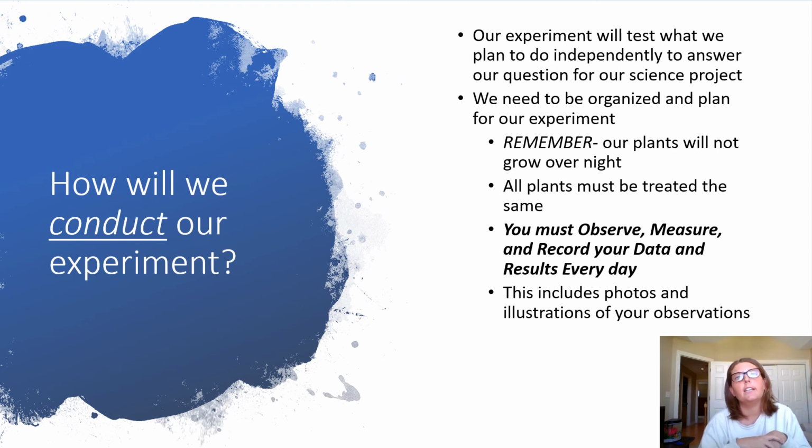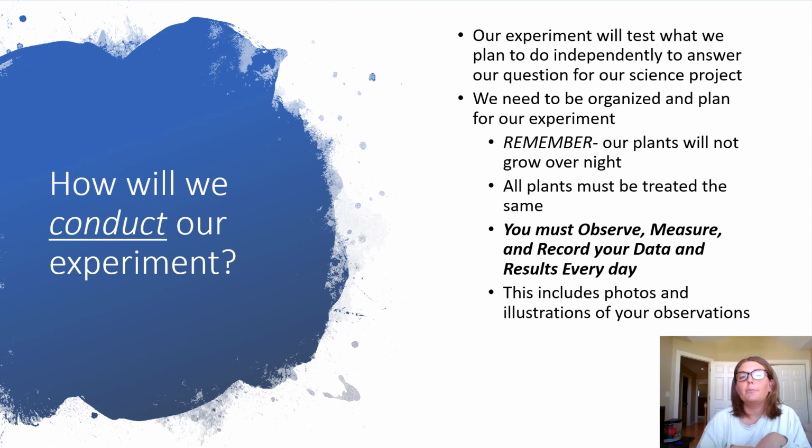We need to be planned and organized, and we need to make specific details with our experiments in order to know how long our experiments are going to take. So with these plants, we're not going to see whether milk or water made them grow quicker overnight. It's going to take a while. We're probably going to need about 2 weeks.